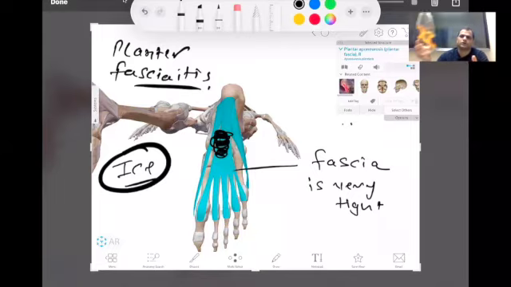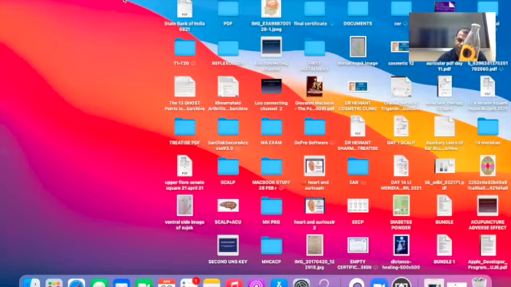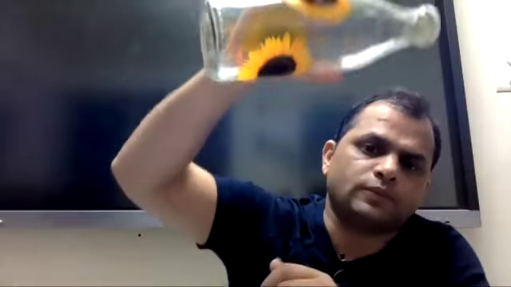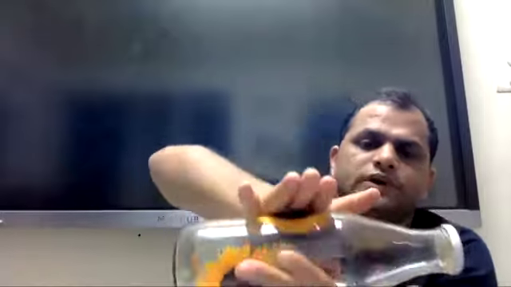So we can see some bottle like this, or a little thin bottle, or even plastic. We will take the plastic bottle. We will fill this bottle with the water, and we are keeping the bottle on the floor and keeping our feet here and just doing the rolling over the ice bottle.